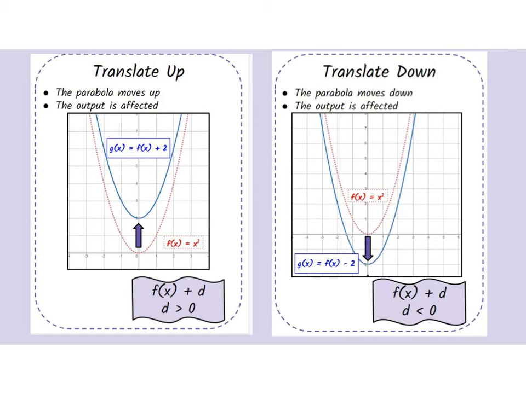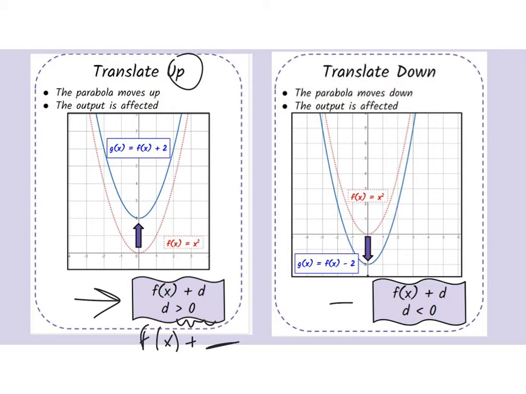So here's your rule. If you remember that first slide, it said f of x plus d. So I am adding something to the output. That's going to move it up and down vertically because the output is the y and the y-axis is vertical. If it's greater than 0, that means I'm doing f of x plus a number, and it's going to go up, which makes total sense since the positive direction is up.